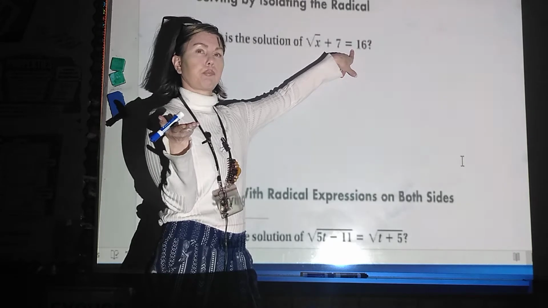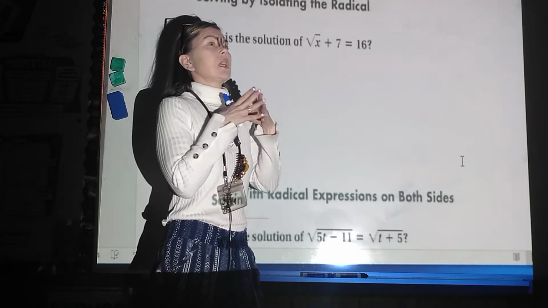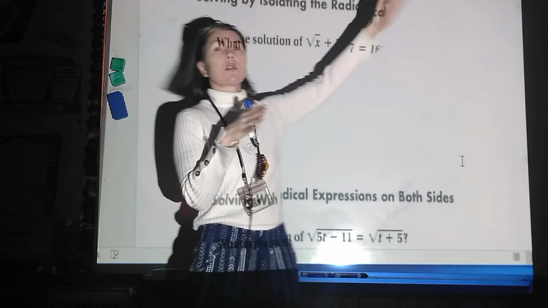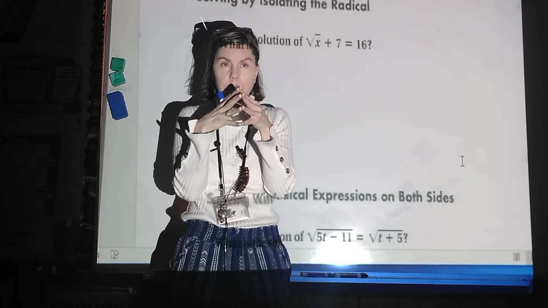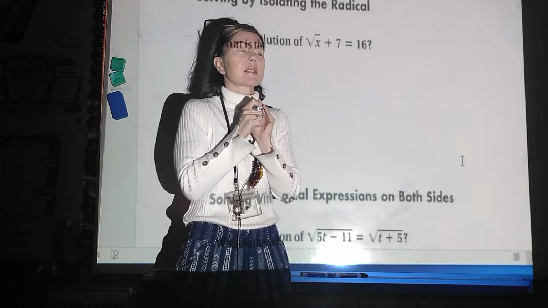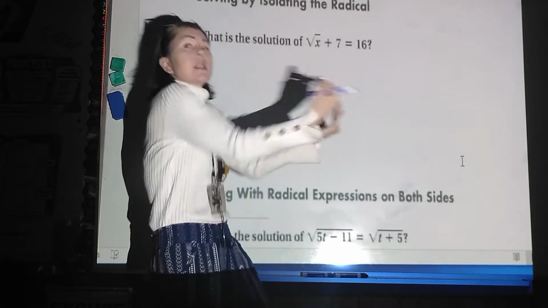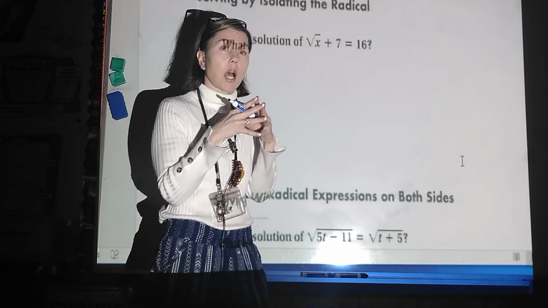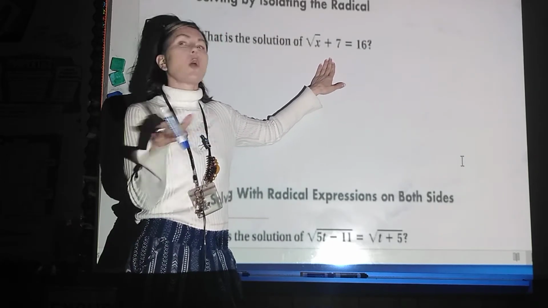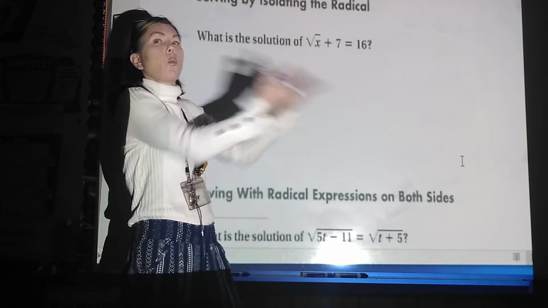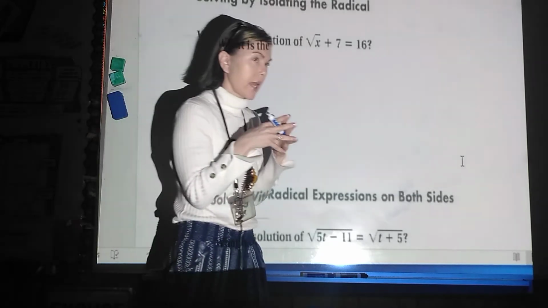The equal sign, okay? Now, it says isolating the radical. Well, what does that mean? Getting it all by itself, okay? Getting it all by itself where? On one side of the equal sign, okay? So, is this radical x, okay, all by itself on one side of the equal sign?